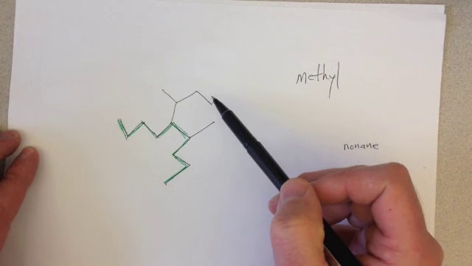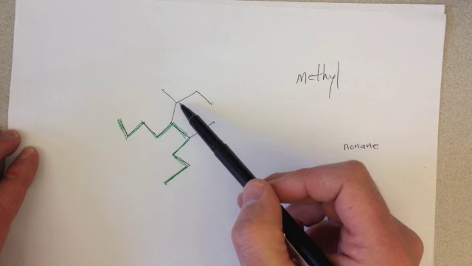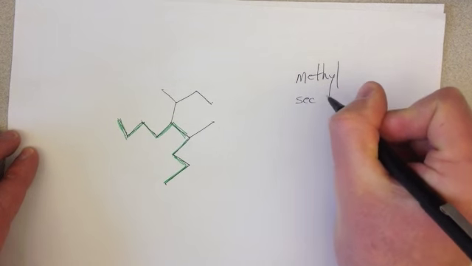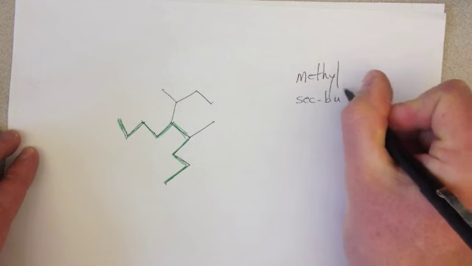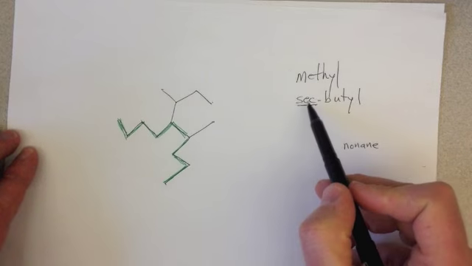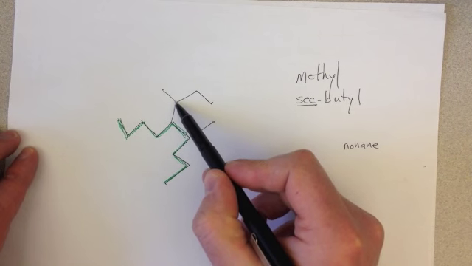Now, the common name for this is actually a sec-butyl. So we could write that down. We think of this as a sec-butyl because the attachment to the parent chain is occurring at one of its secondary carbons.